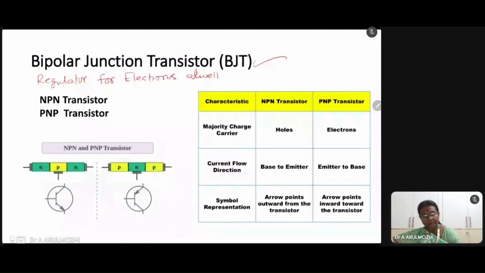And here, the BJT can be classified into two types: the NPN and the PNP transistor.